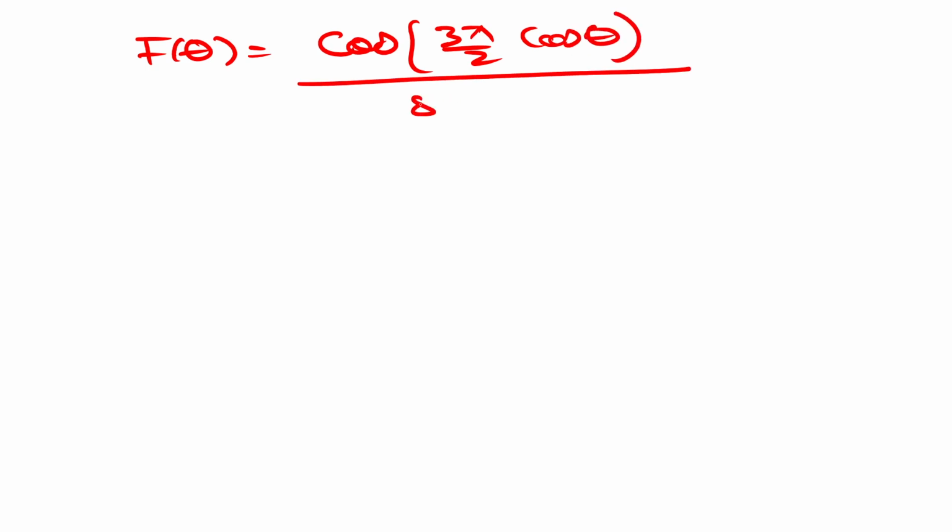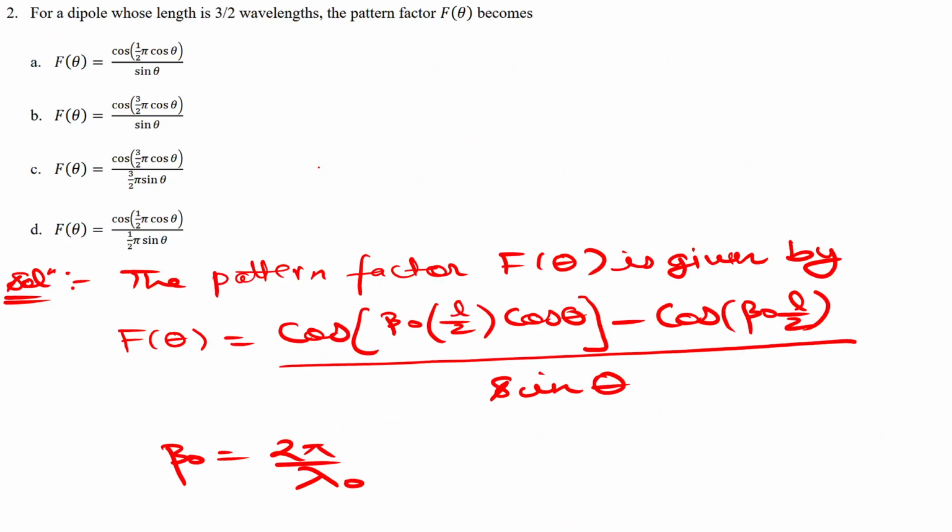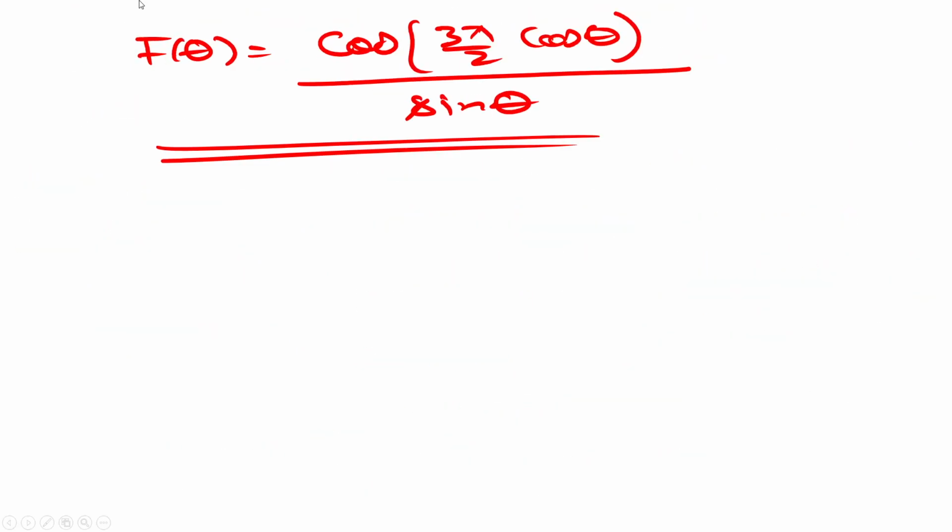So our f theta becomes cos of 3 pi by 2 into cos theta, divided by sin theta. So this is the required pattern factor for the given dipole antenna whose length is 3 lambda by 2. Now we will match with the given options. The correct option here is option B. So this is the solution for question number 2. If you have any doubt in question number 2, please let me know.